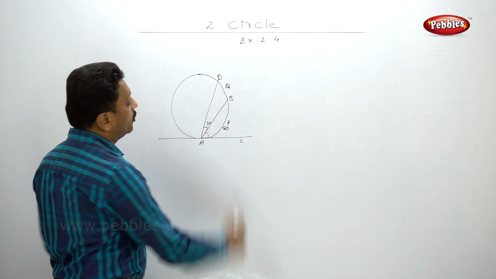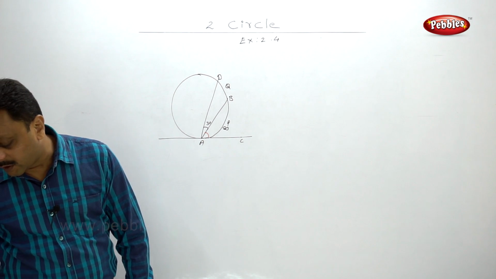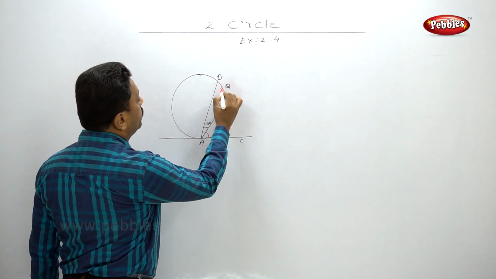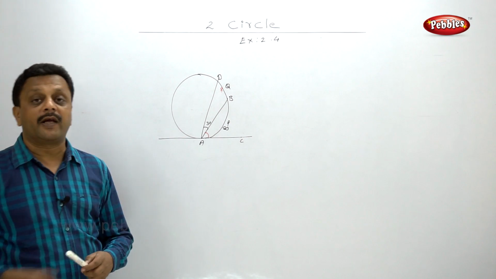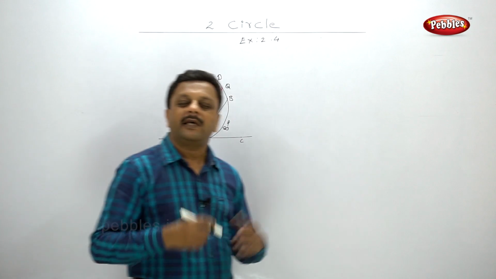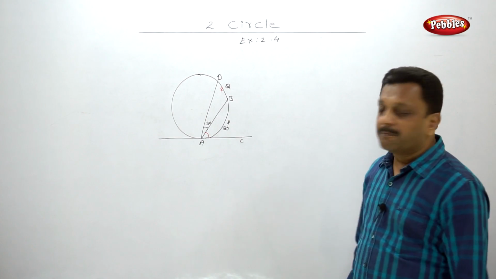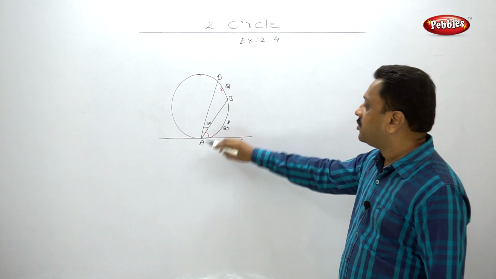Angle BAC we have to find out, and then major arc BQD. This example came in the October 12 exam for 3 marks. Extremely simple example. This is the tangent, this is the chord.